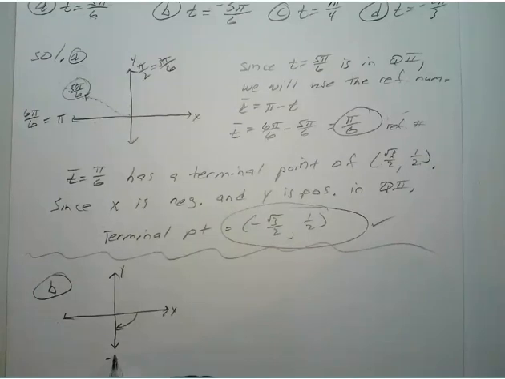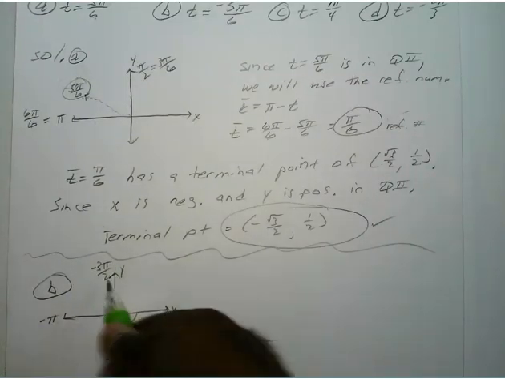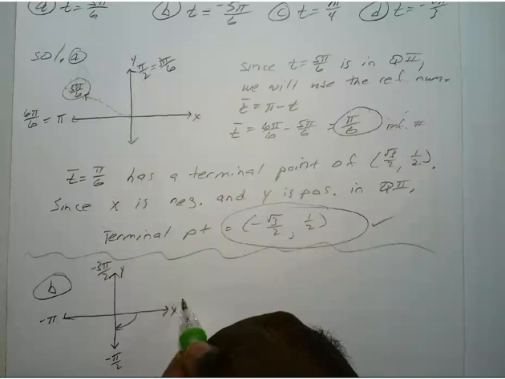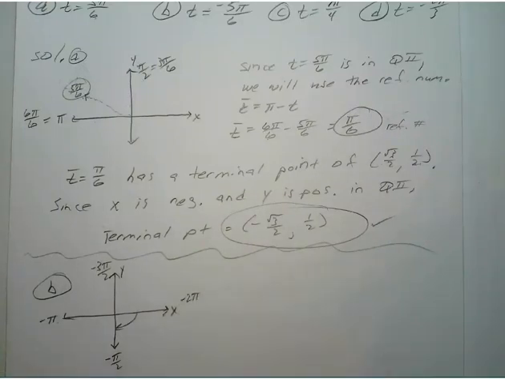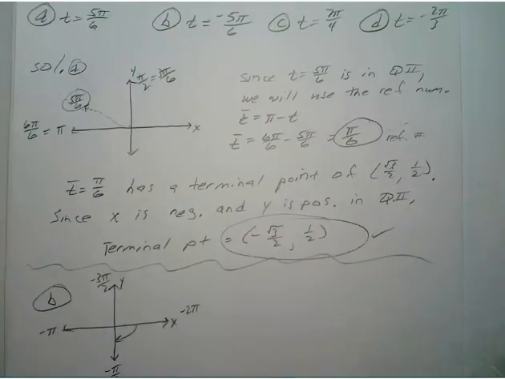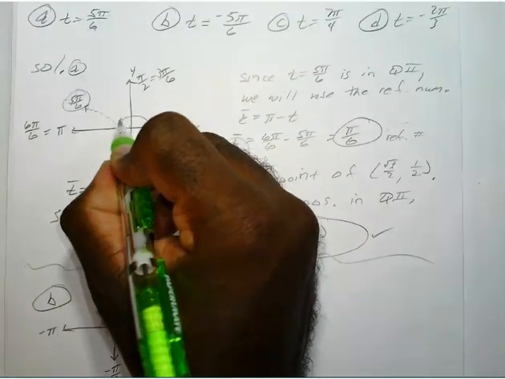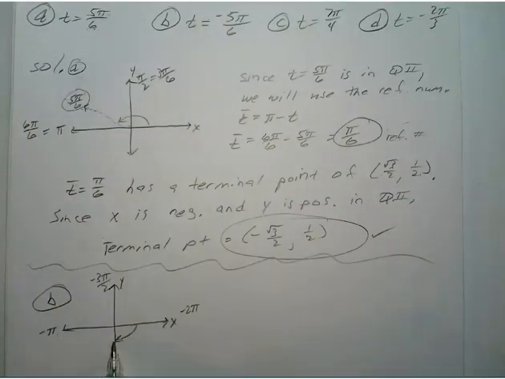So this will be our negative π over 2, and keep going this way, negative π, then negative 3π over 2, and then a complete circle brings us to negative 2π. Okay, so remember, when your t is positive, you're going this way. When your t is negative, you're going the other way.